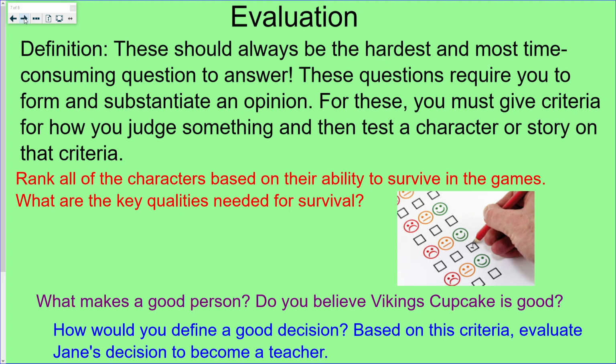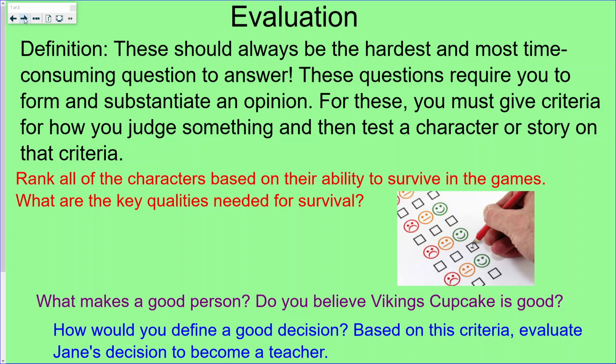The last type of question is an evaluation question. Evaluation questions are supposed to be the hardest, and sometimes students think that they're the easiest. By the hardest, I mean that they require the most understanding of the story or the concept. If you're not using a great understanding of the story or concept, then you're not doing these higher level questions correctly.